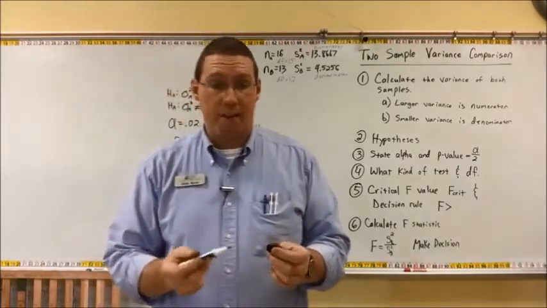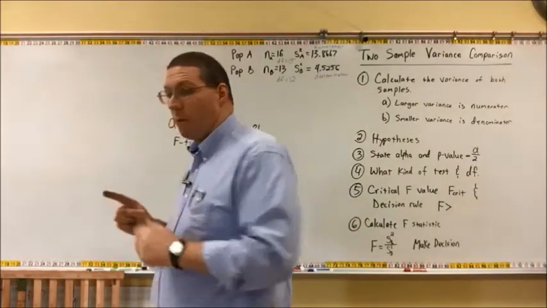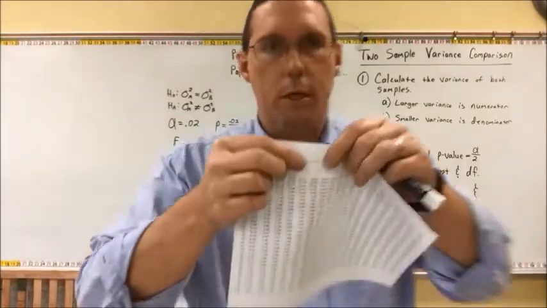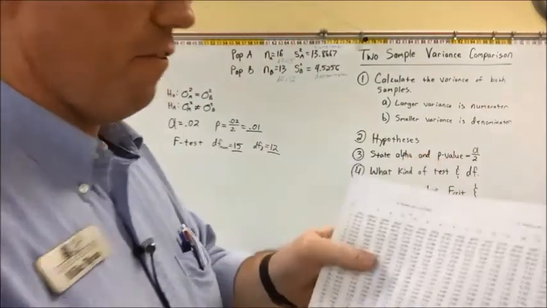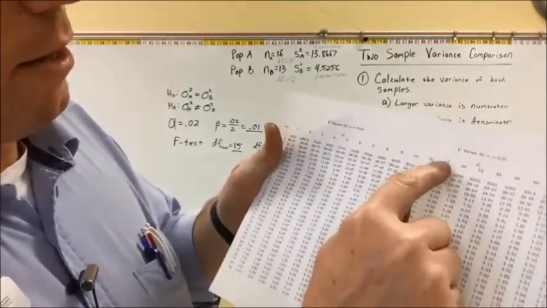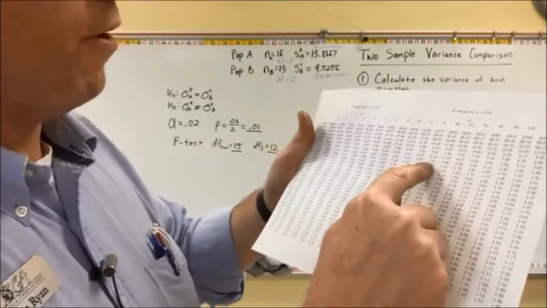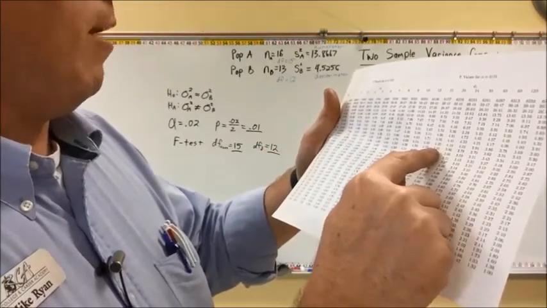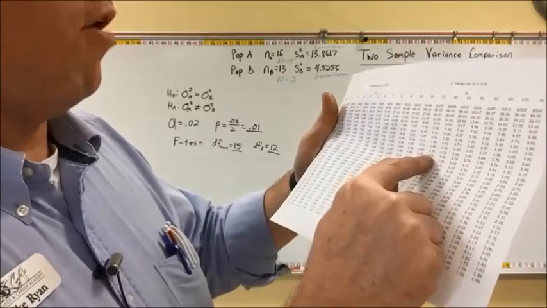So we are going to use this 0.01, degrees of freedom 15 numerator, degrees of freedom 12 denominator. We're going to go to the F table, and we're going to make sure that we're on the side of the F table that says 0.01. On this side, we're going to go to numerator degrees of freedom 15, which is right there. And we're going to go down to the degrees of freedom 12, and it says that our critical value is 4.01.